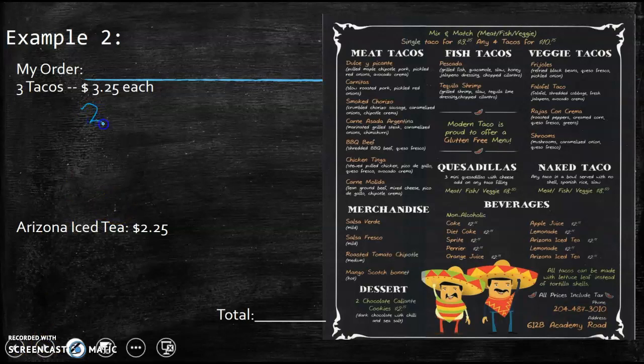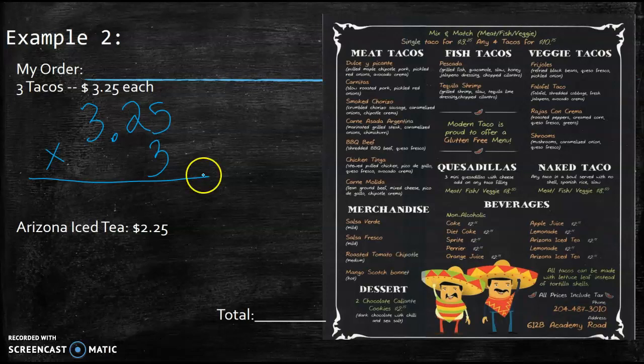$3.25 times 3. And I'm thinking about how this is really going to be 325 times 3, right?